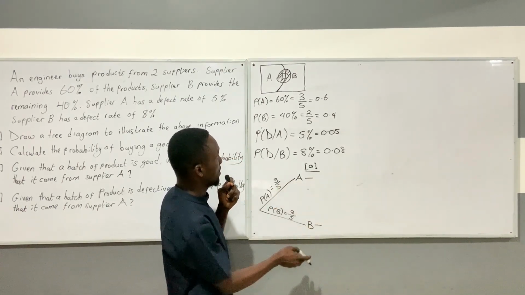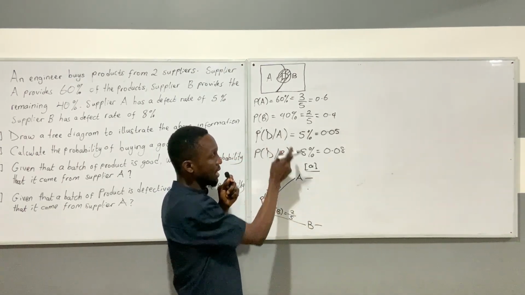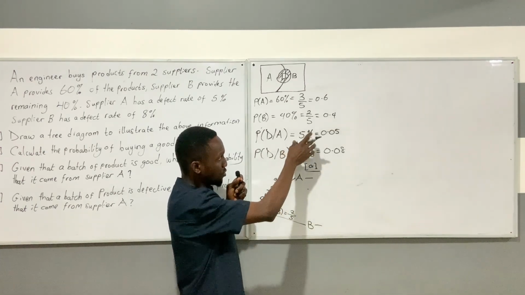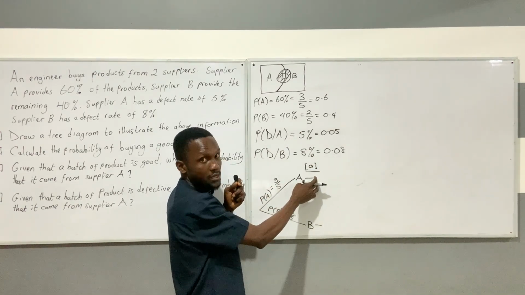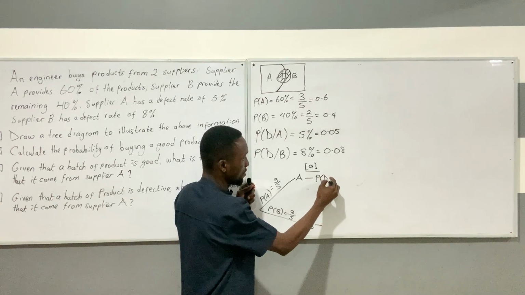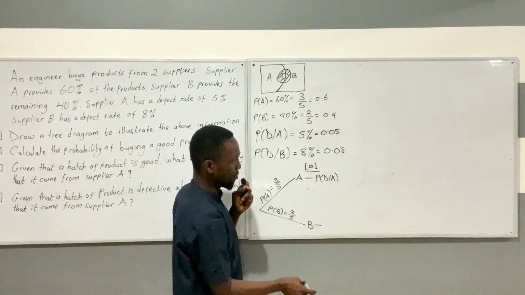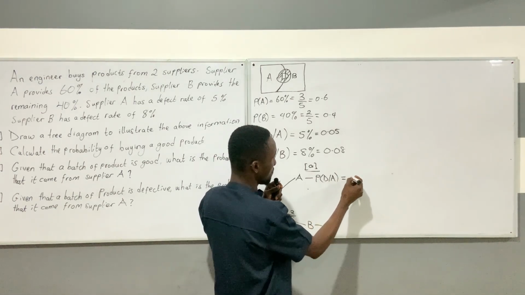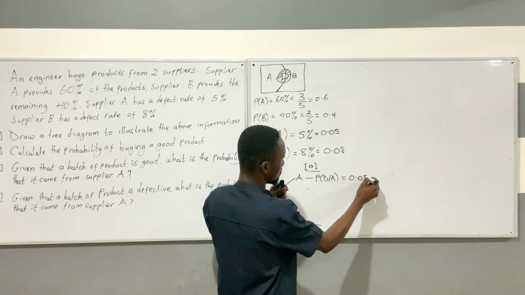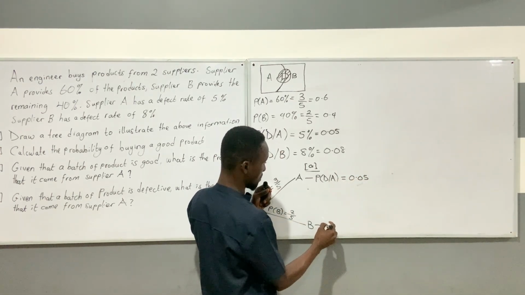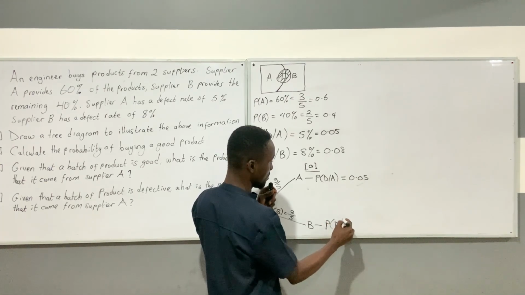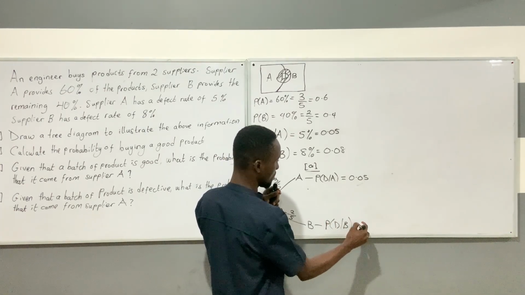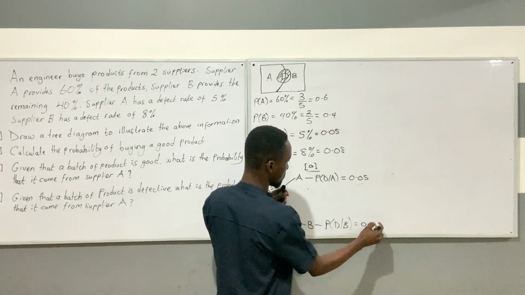Now we move on to the next branch. We will split into the next branch. The defective and non-defective will go here, but because we have the data for the defective, we will put it here. The probability of D given A, or the probability of defective resulting from supplier A, gives us 0.05, and the probability of D resulting from supplier B gave us 0.08.